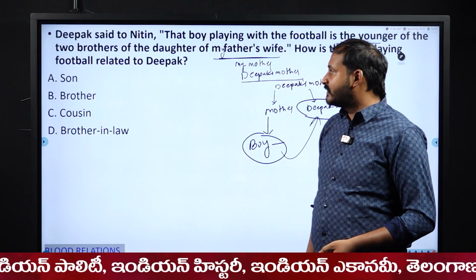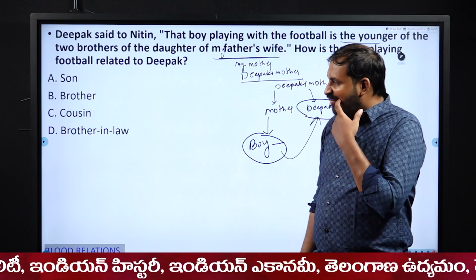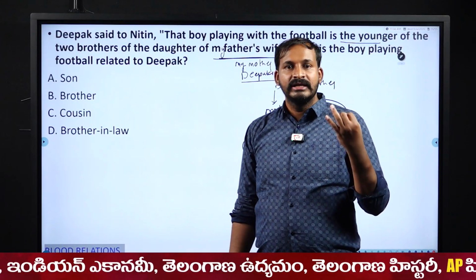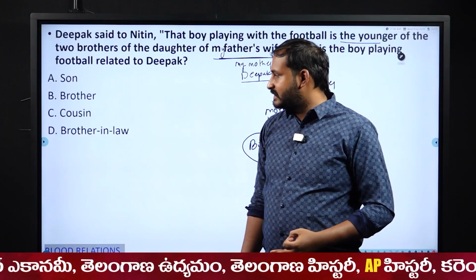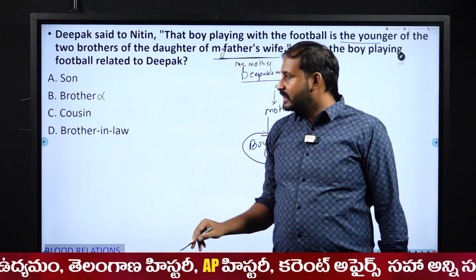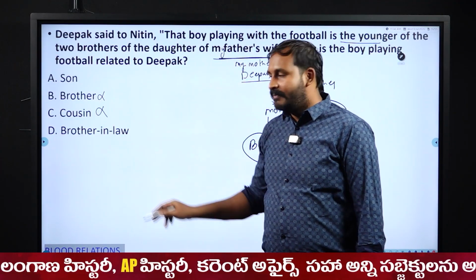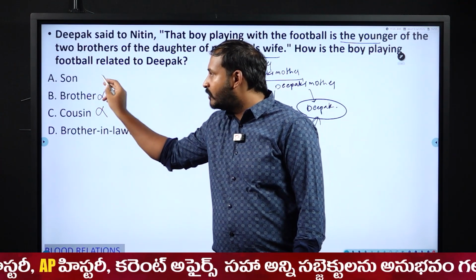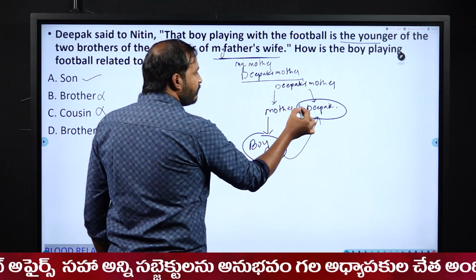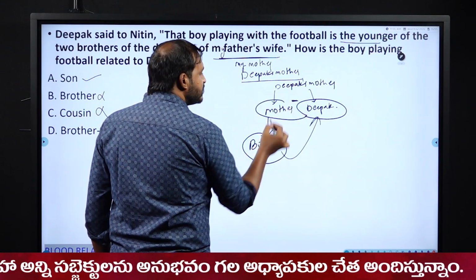What is the other chance, students? Son, male relations, nephew, son, son-in-law. These are the relations, right? Now please see here, brother, same generation relation, cousin, same generation relation, brother-in-law, same generation relation. So the only option left for me is son. That means indirectly Deepak is a female and she is the mother of that boy.